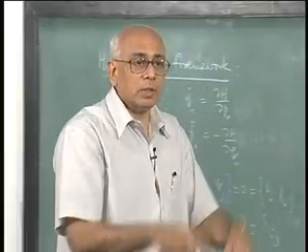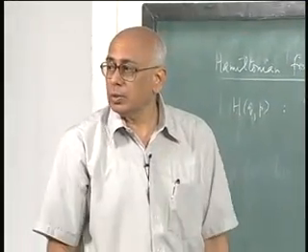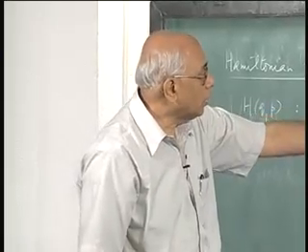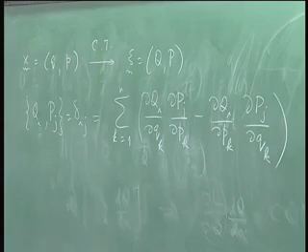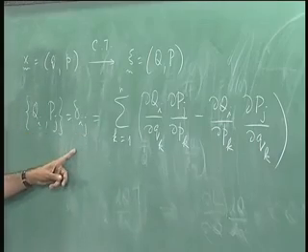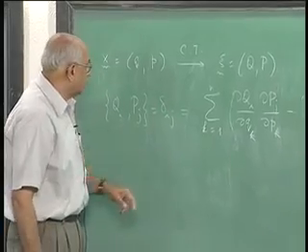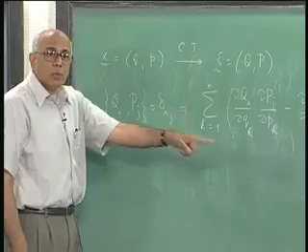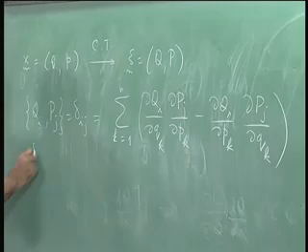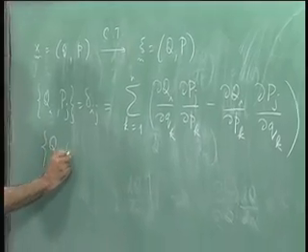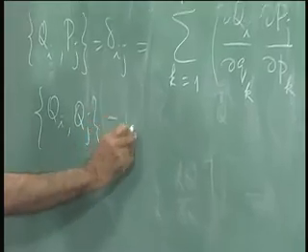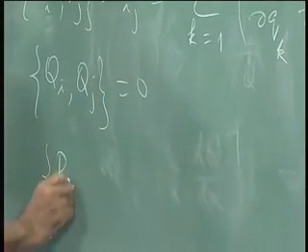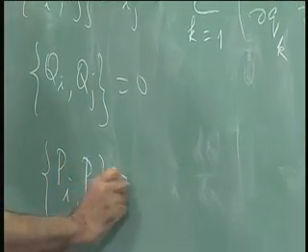When you calculate this Poisson bracket of the new Q's and P's, you are going to have to get δ_ij. It further says the bracket of Q_i and Q_j equal to 0, and P_i and P_j must also be equal to 0.